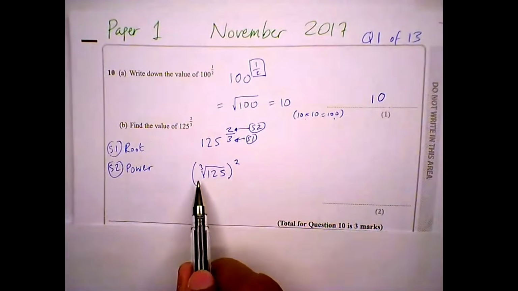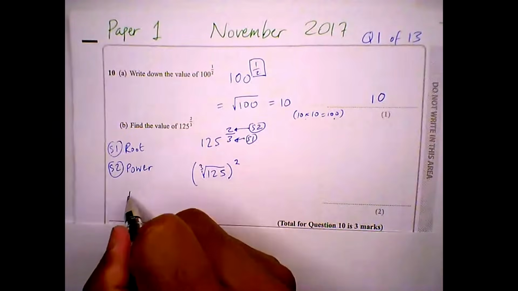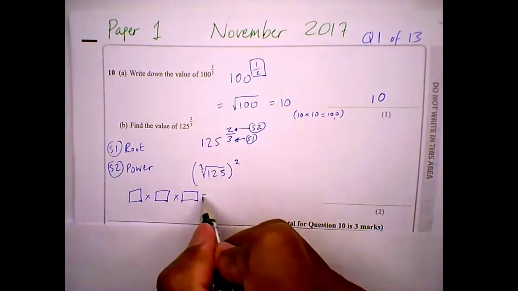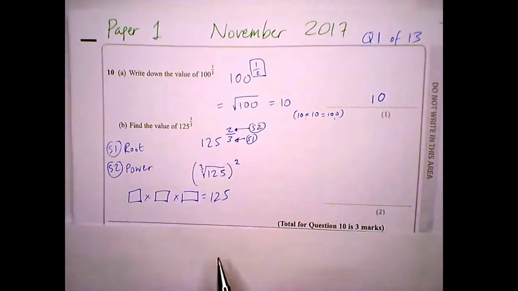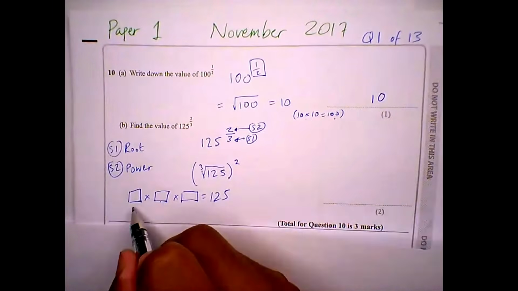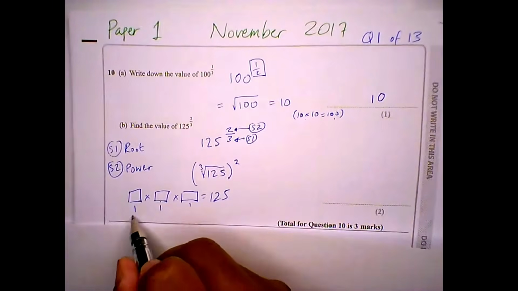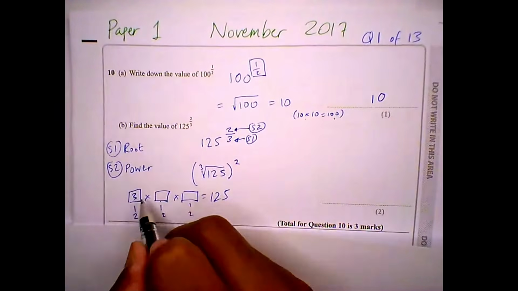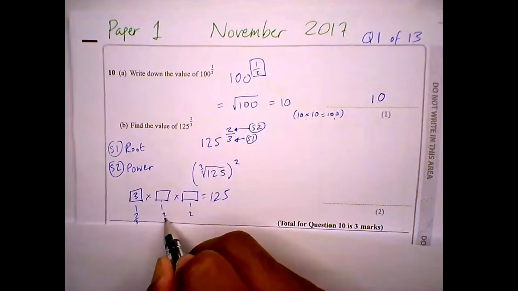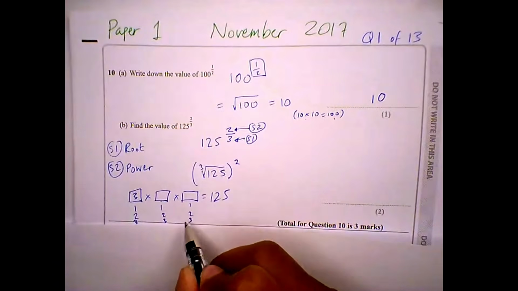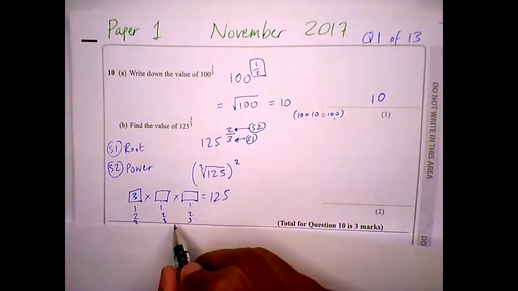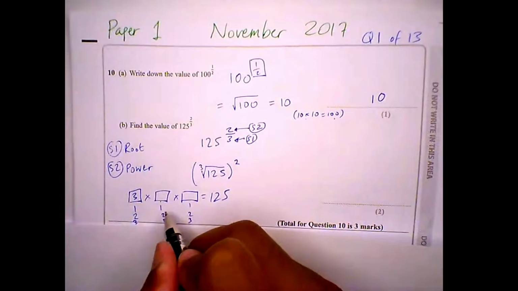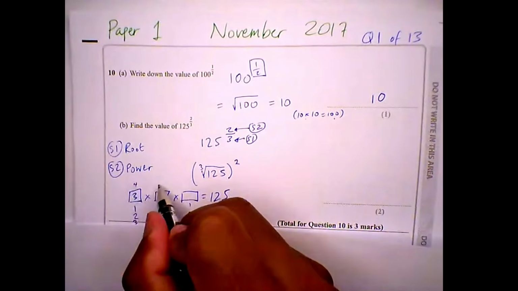So what number multiplied by itself 3 times gives me 125? 1 times 1 times 1 is not 125. 2 times 2 times 2 is not 125. 3 times 3 times 3 is not. 3 times 3 is 9, times 3 is 27. 4 times 4 times 4 is not.